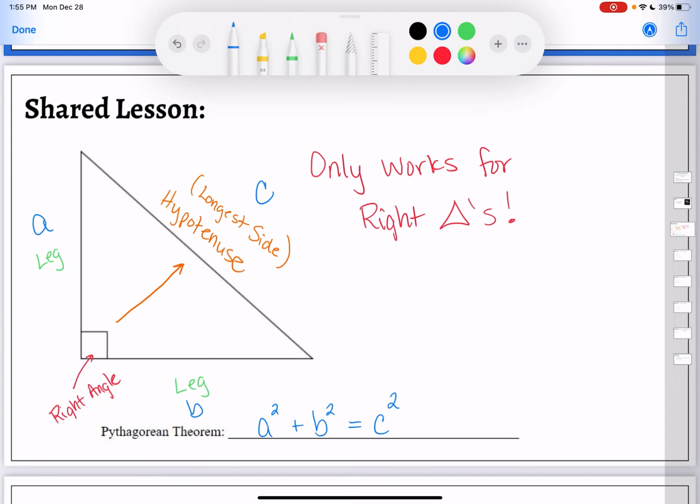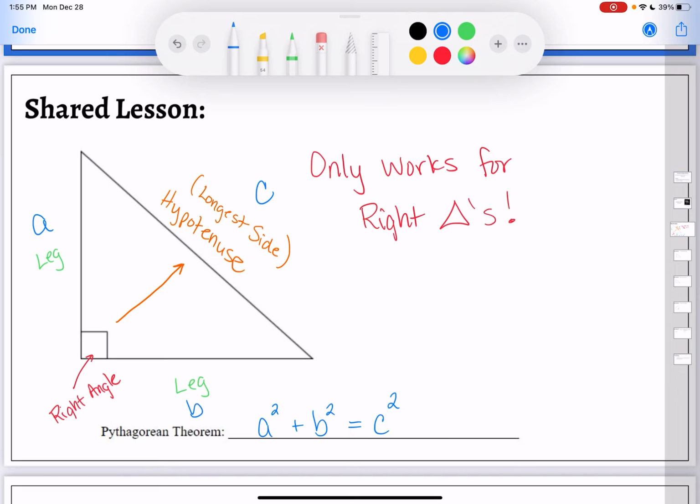So if you wrote this Pythagorean theorem out in words, it would be, if you have a right triangle, then the sum of the squares of the legs equals the square of the hypotenuse. Or leg squared plus leg squared equals hypotenuse squared.